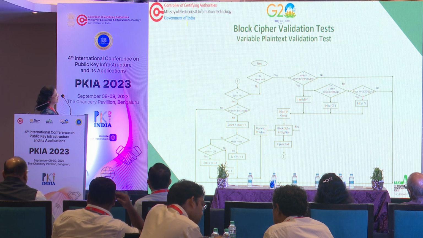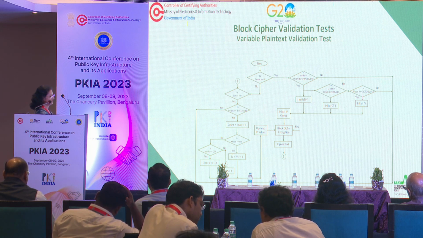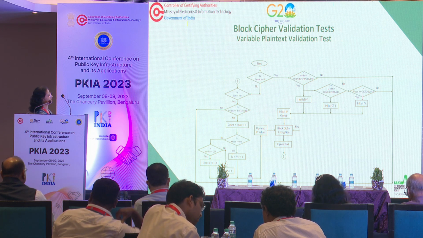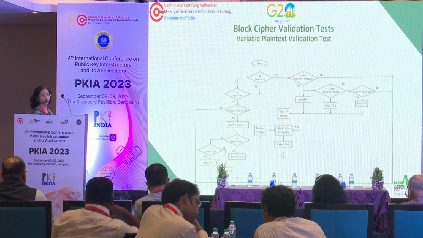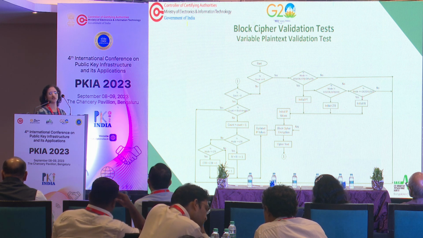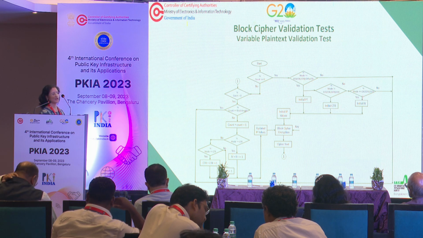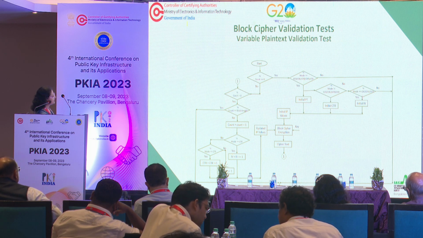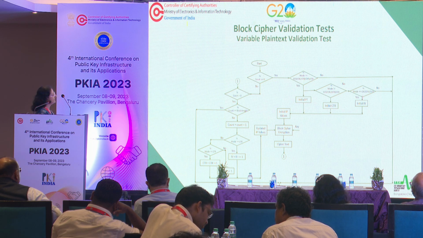This procedure will be continued depending upon the block size. It consists of a count equivalent to the block size. Suppose the block cipher selected has a block length of 64 bits, this test consists of 64 test vectors. As the name depicts, for variable plaintext, the plaintext will be varied for the next test vector.